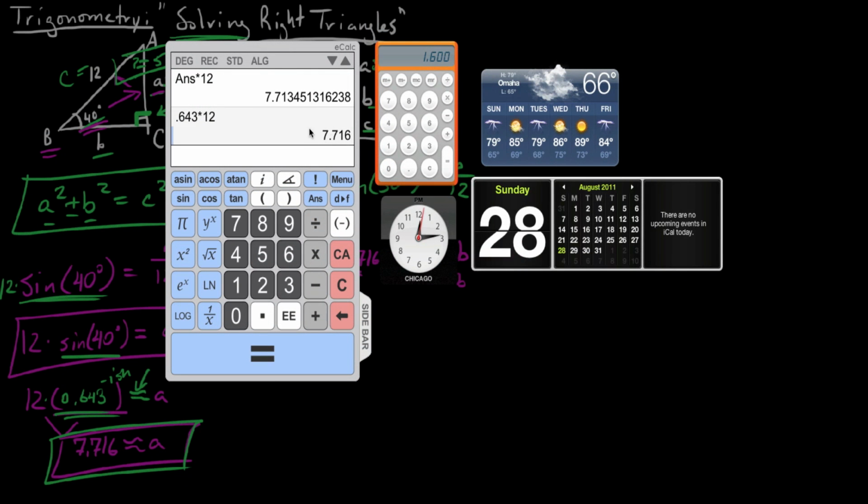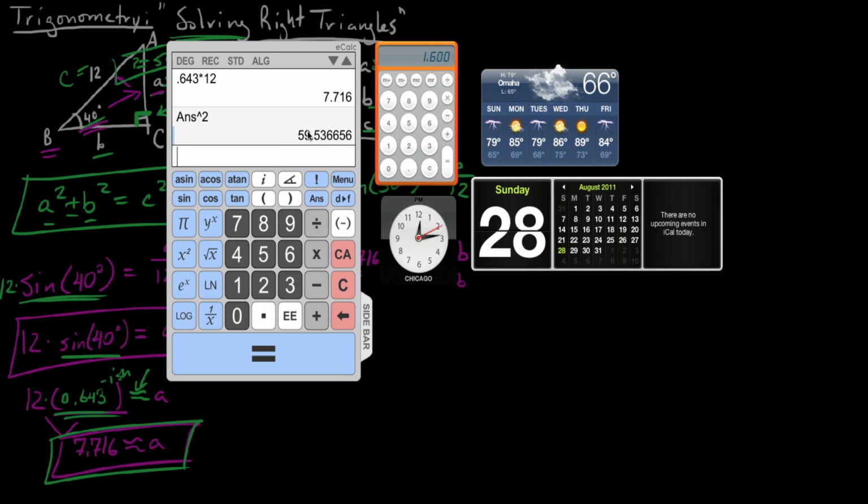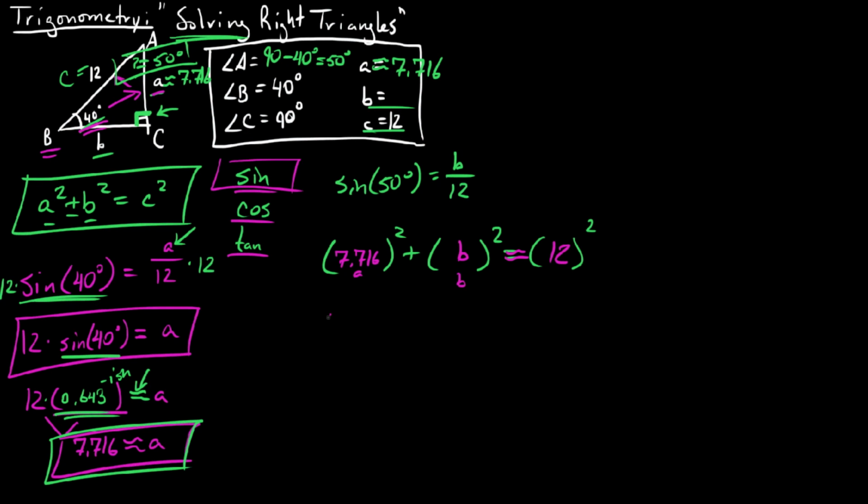I'm going to take 7.716, which I already have up here, to the power of 2. And we get approximately 59.537, plus b squared is now equal to 144.